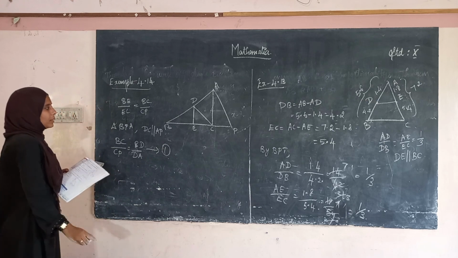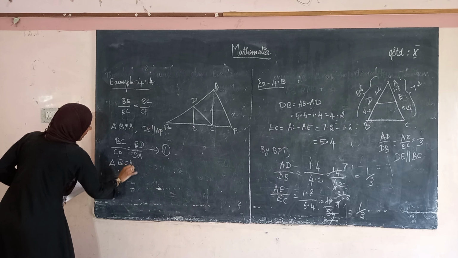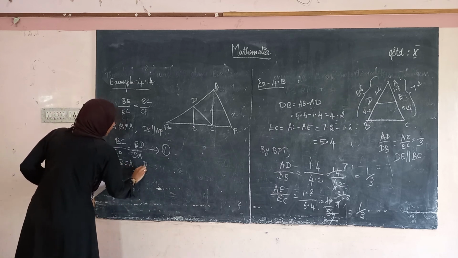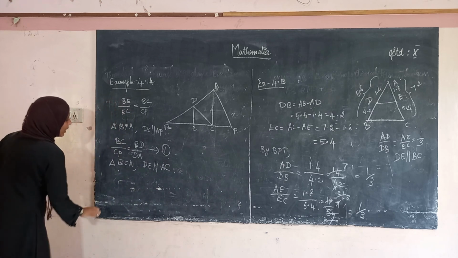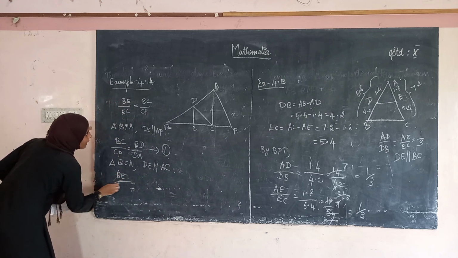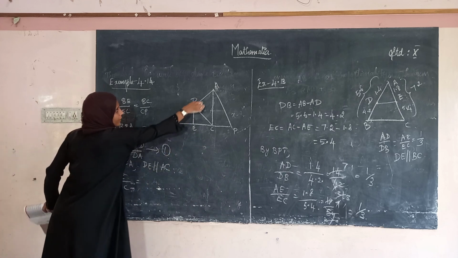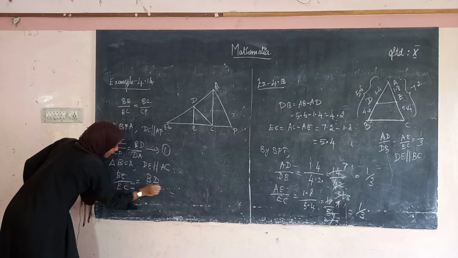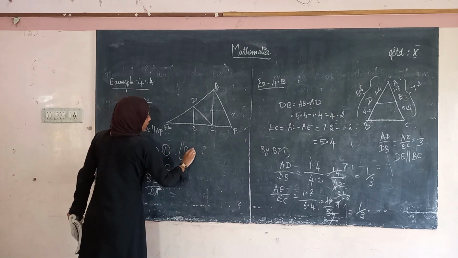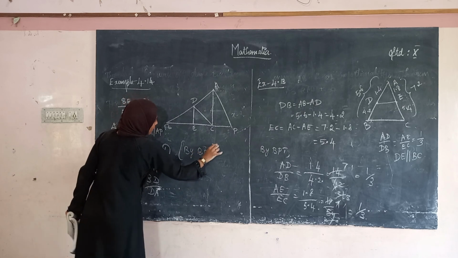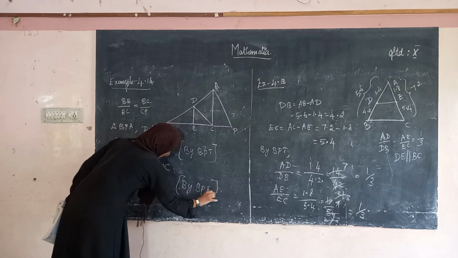And in triangle BCA, DE is parallel to AC. Then what we can write? BE divided by EC equal to BD divided by DA. This is by BPT theorem, the basic proportionality theorem.